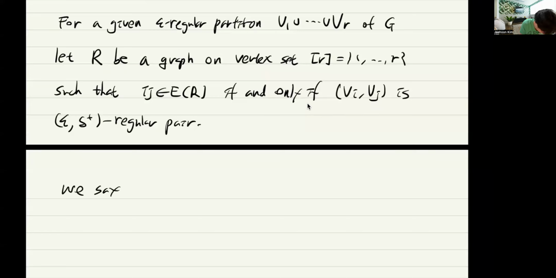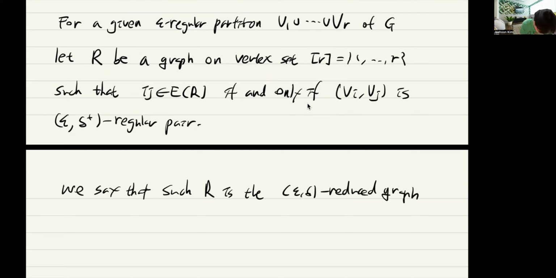If such a graph is defined, then we say R is the epsilon delta reduced graph for the given partition.